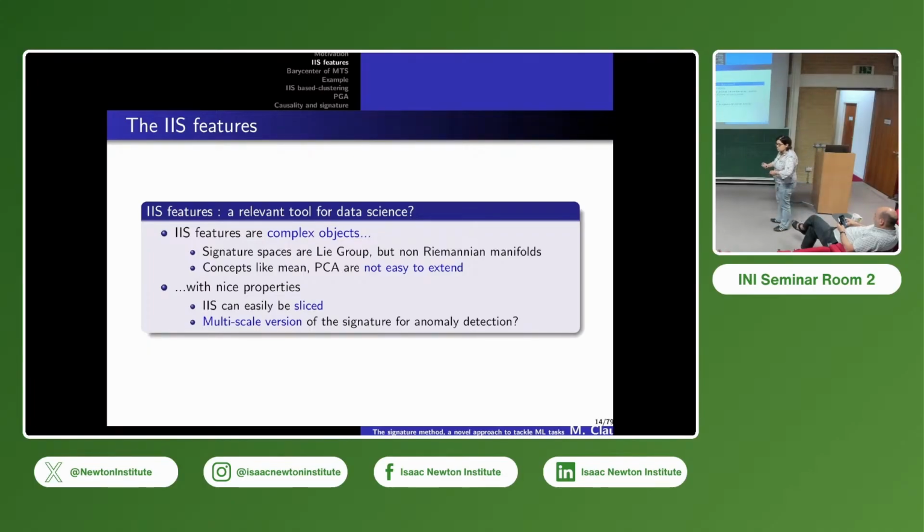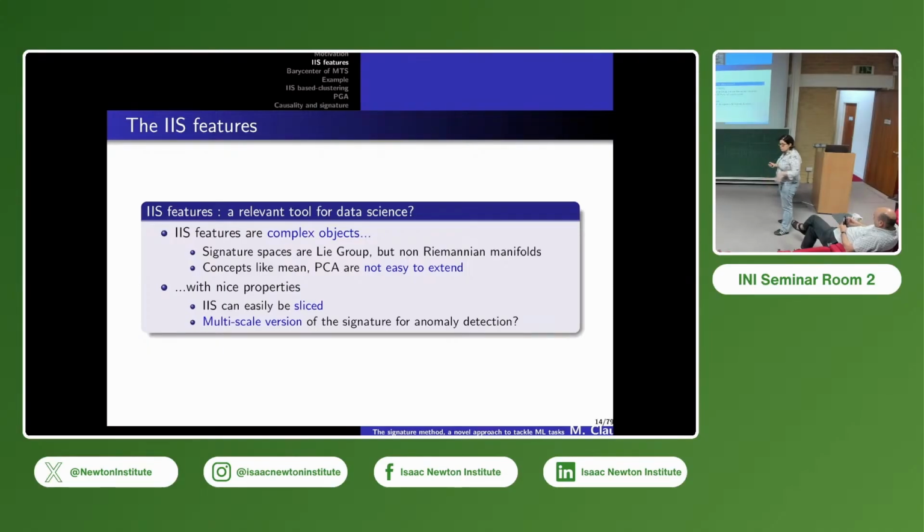So if you want to describe this object, it is a complex object. If you want to extend a basic object like mean PCA, it is not so simple because the signature space is complex. But you still want to use it because from the computational point of view, you have nice properties.